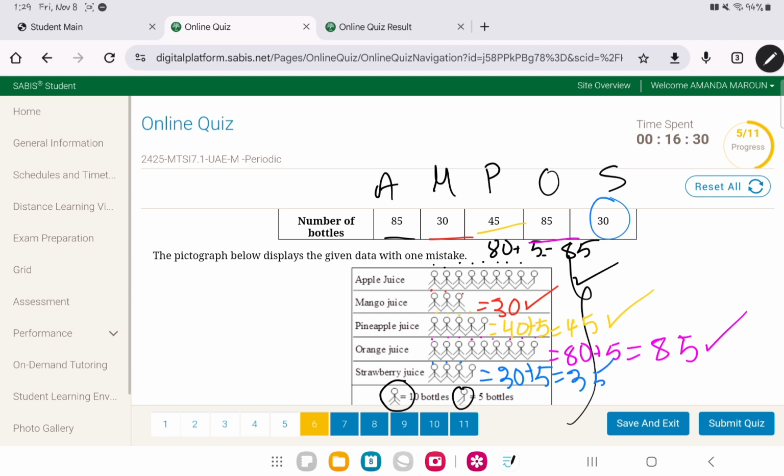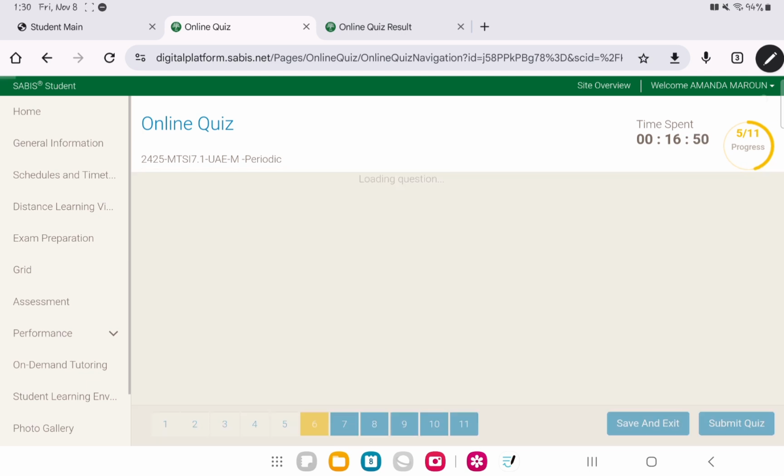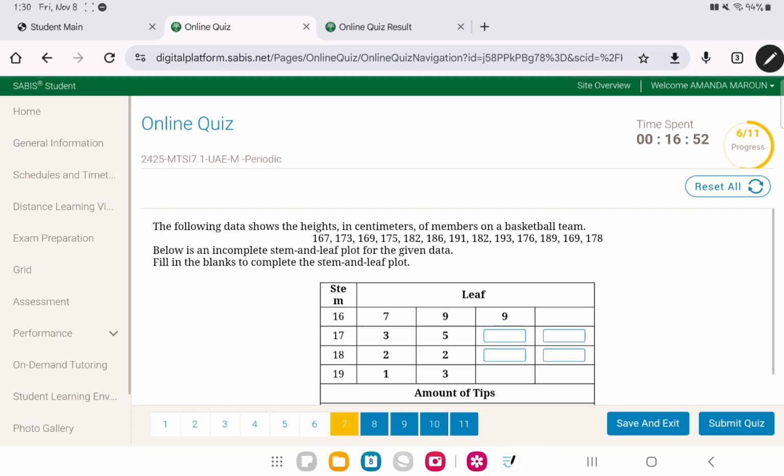But they told us the strawberry is 30. So this is going to make us ask questions. Did you make a mistake? They told us there is a mistake. So yes, this is the mistake. So our mistake is that there is an extra picture representing 5 bottles in the strawberry juice section. That's it. Now we move on to question number 7.